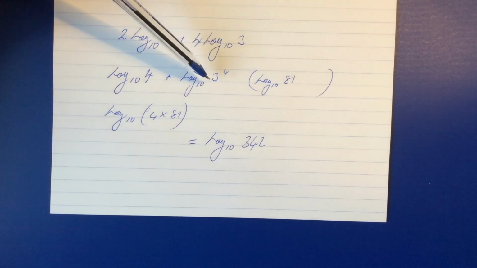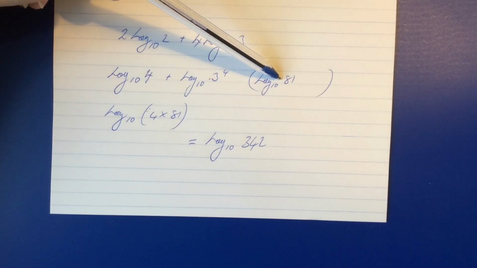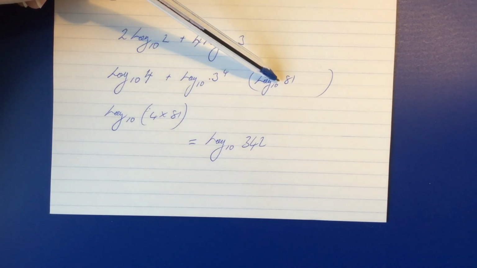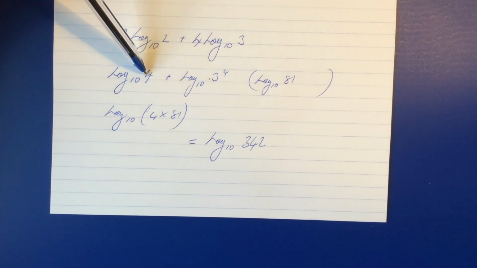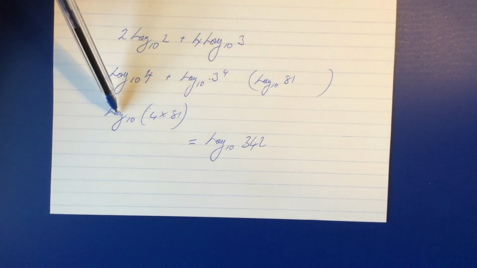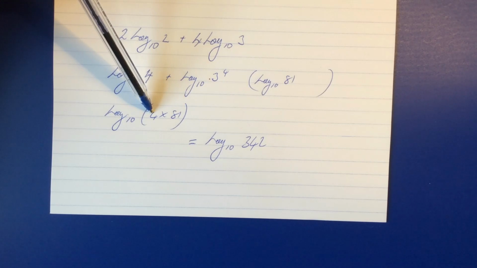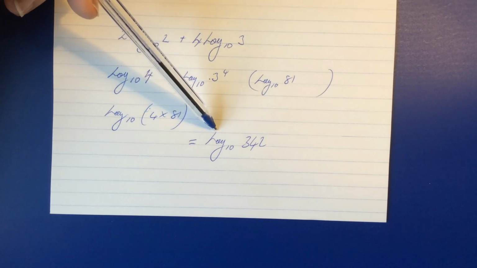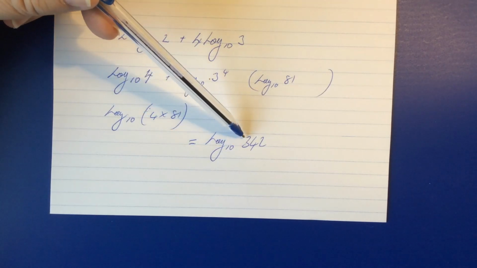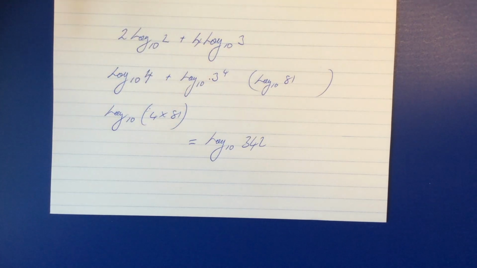So this can be rewritten as 81. If we do that, then we've got log 10 of 4 plus log 10 of 81, which is equivalent to multiplying these two numbers. And so our answer is log 10 of 342, which is 4 times 81.